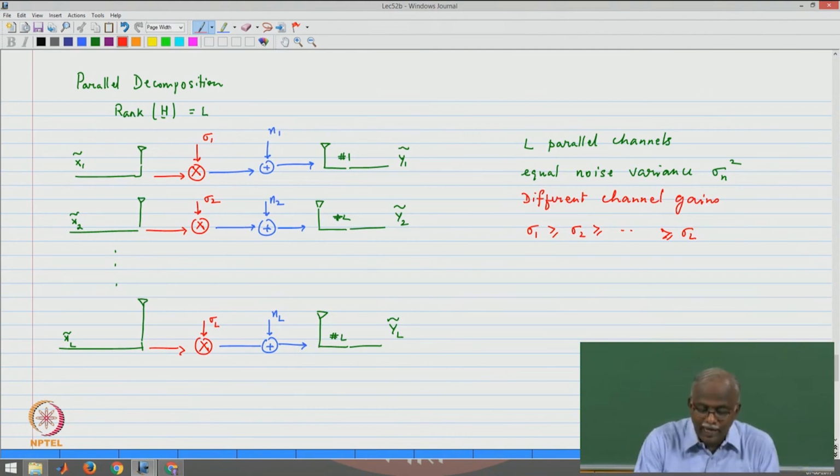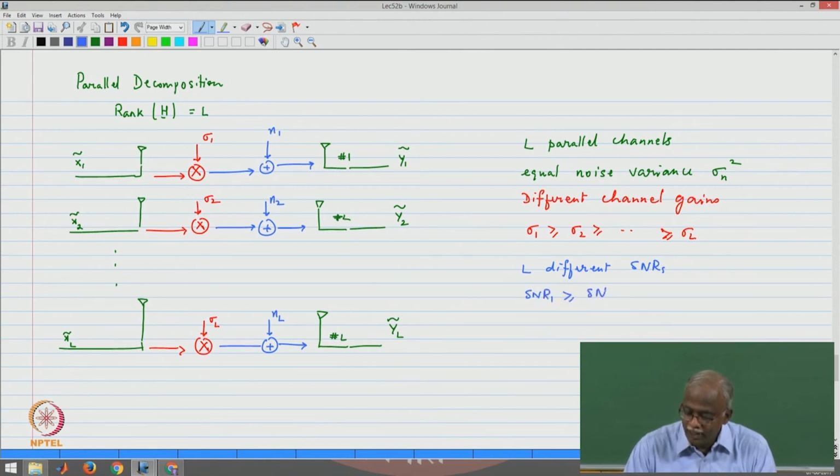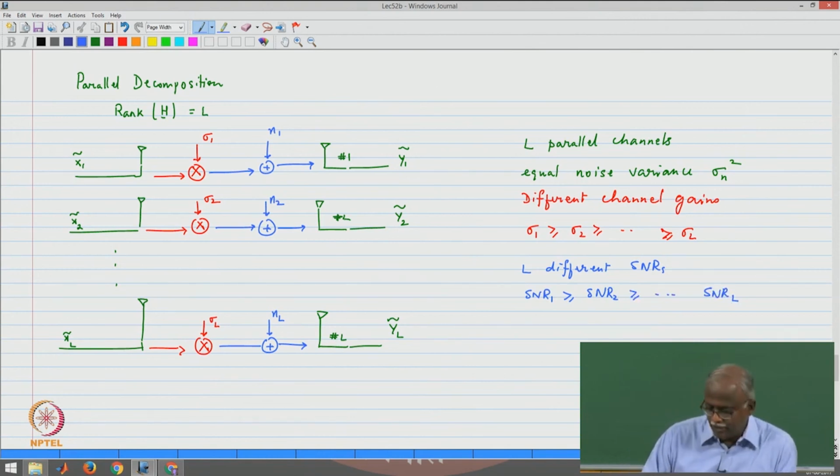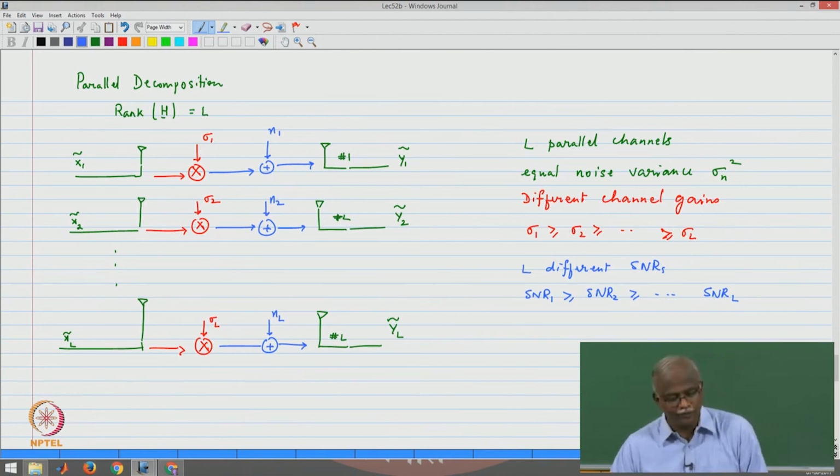So, there are L channels, each with a different signal to noise ratio, SNR. So, SNR of channel 1 will be better than or equal to SNR of channel 2, better than or equal to SNR of channel L. So, this is what we have as our ordering of the channels.